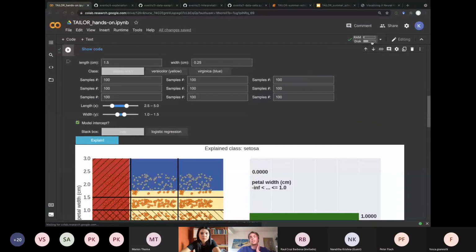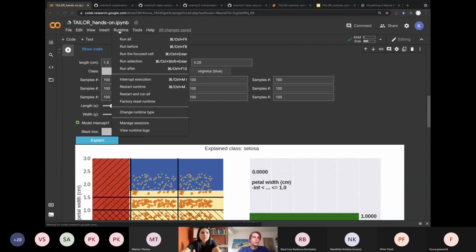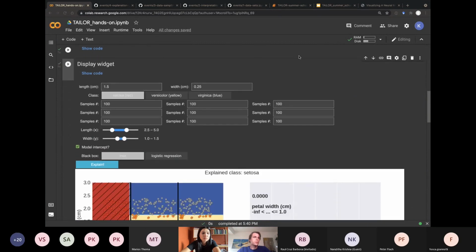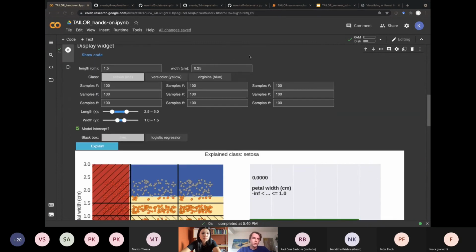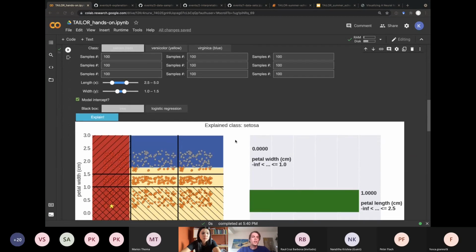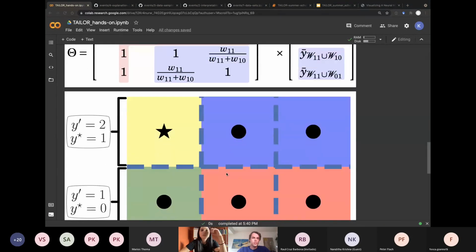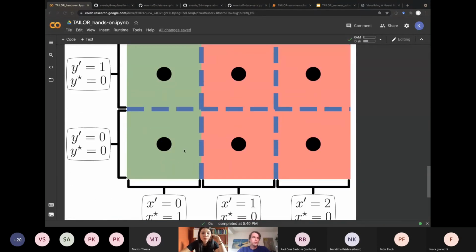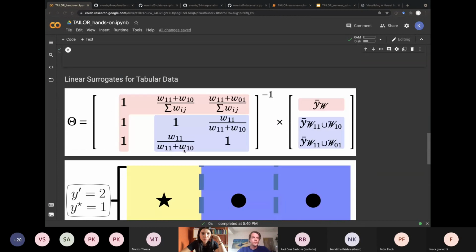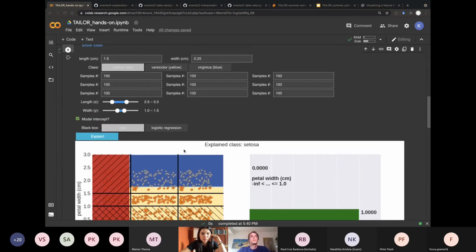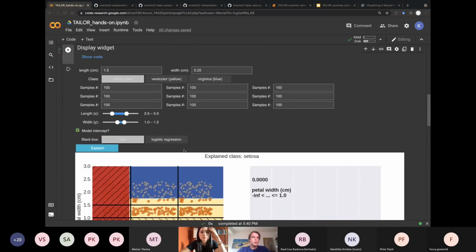So you will have a connect button here in the top right, and then all you need to do is click runtime and restart and run all. And towards the bottom, you should get a widget that looks just like that. For your help, there is the formula and the toy example image there as well. But let me get back to the widget, which is the important bit.